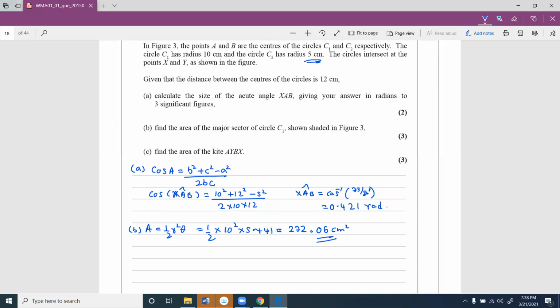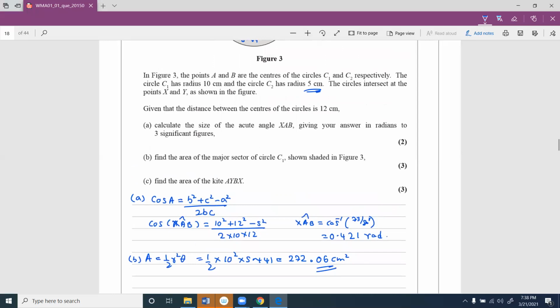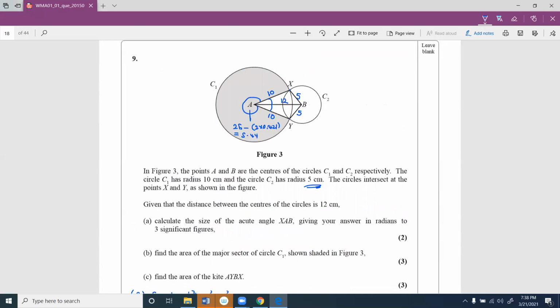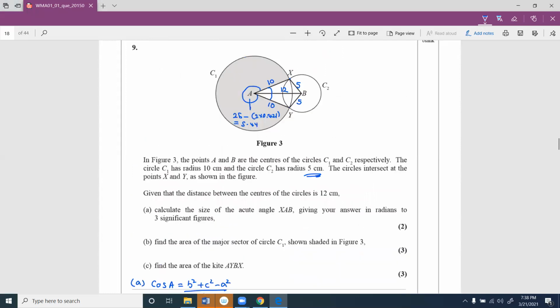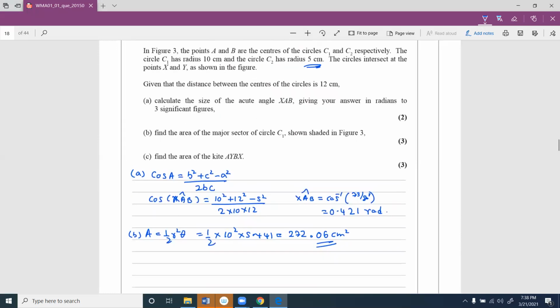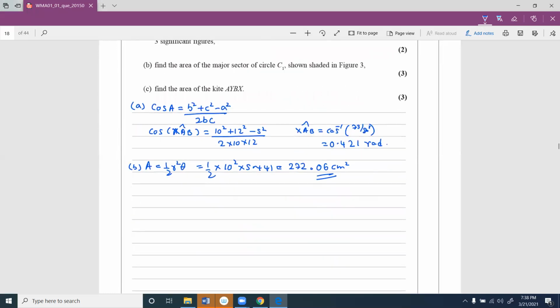Then you find the area of the kite AYBX. You know this angle, and these two sides, so you can find the area of this triangle, the area of triangle AXB. So you can write it this way: area of AYBX equals area of AXB into 2.